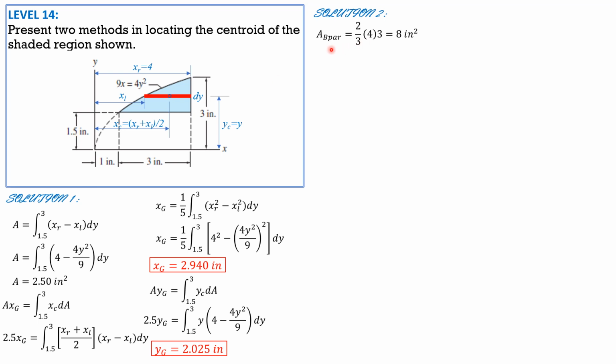But before that, you need to know x sub c of parabola and y sub c of parabola. So you must be able to memorize the location of the centroid of a parabola or derive it, because if you just memorize, definitely you will forget it later, especially if you do not use it frequently.